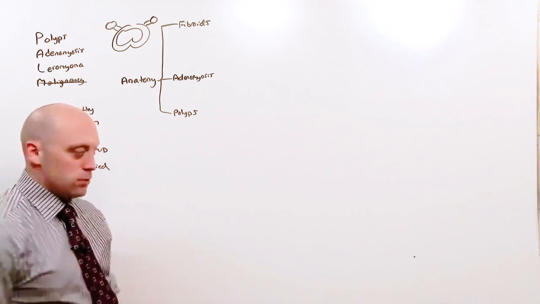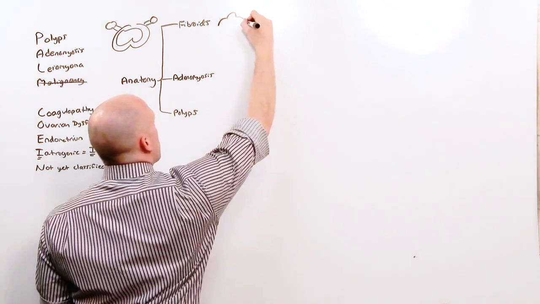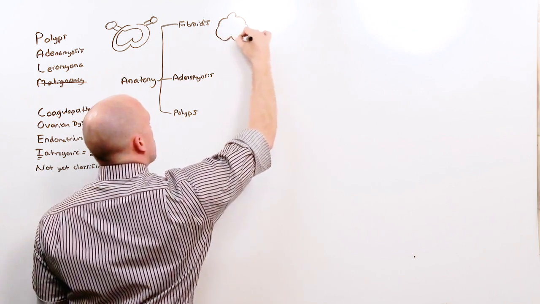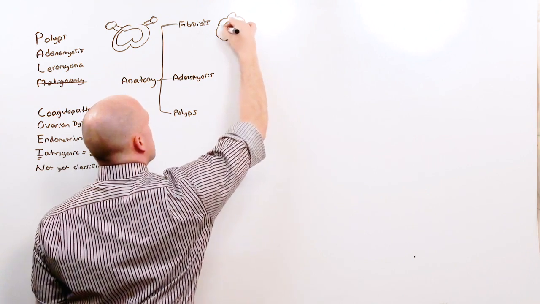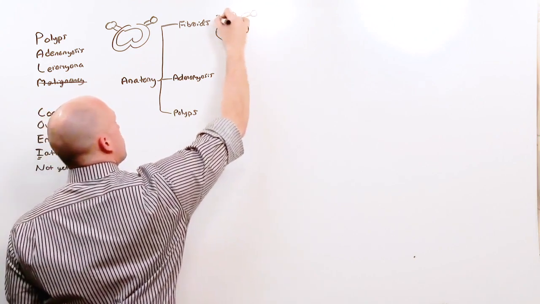Fibroids are benign growths in the myometrium. It depends where they are, whether they're serosal or submucosal. But effectively what happens is the nice smooth uterus is replaced by this nodularity.